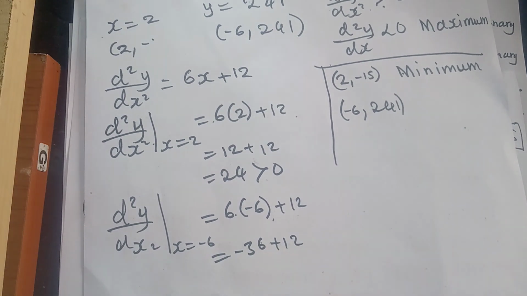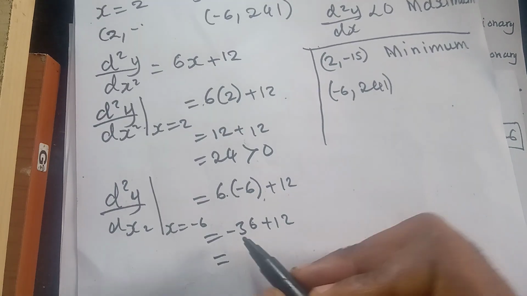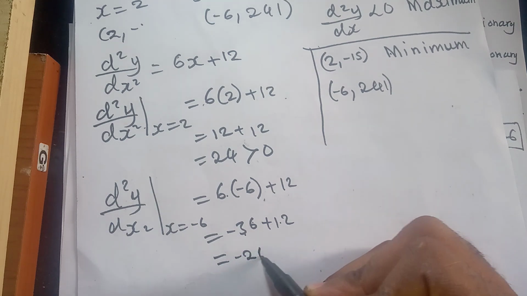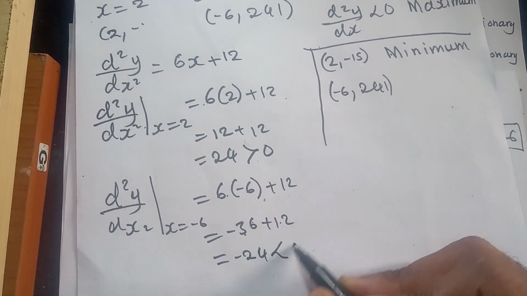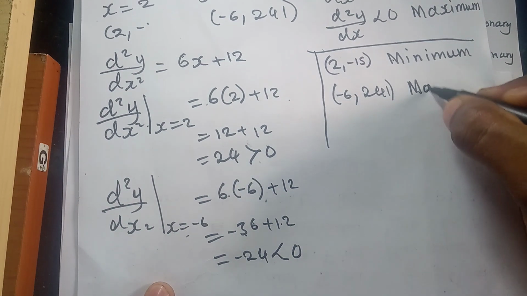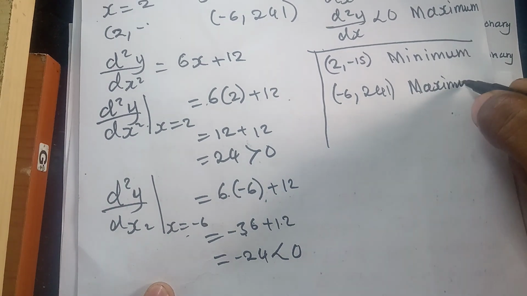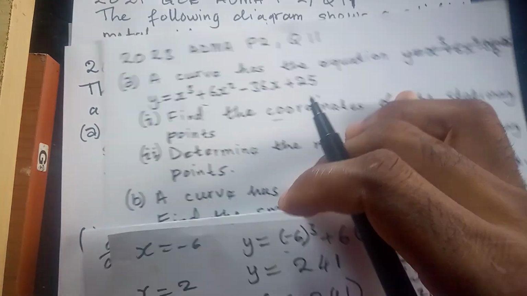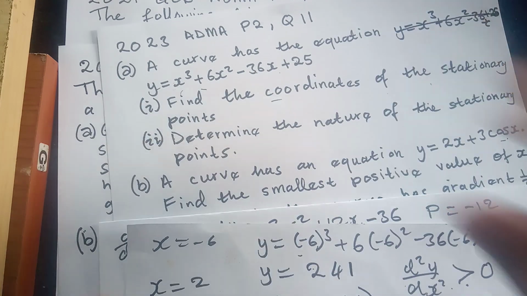As you can see, this number would definitely be a negative number. So this is negative 24, which is less than 0. That makes this point a maximum. So we are done with part A. Then finally we have part B.